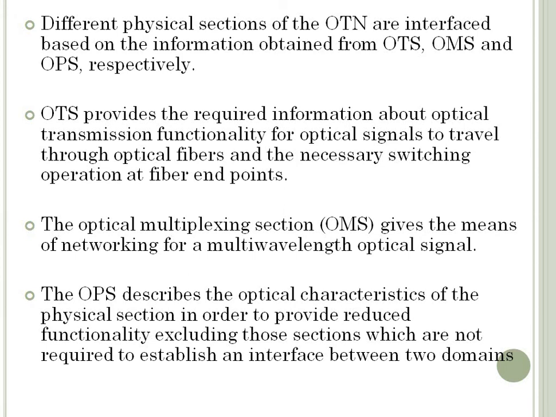The optical multiplexing section gives the means of networking for a multi-wavelength optical signal. The optical physical section describes the optical characteristics of the physical section in order to provide reduced functionality. That is, excluding those sections which are not required to establish an interface between two domains.